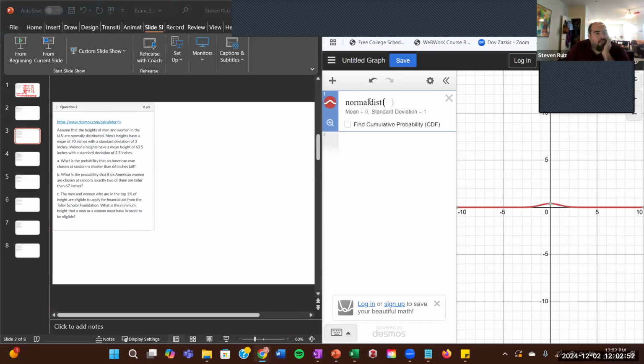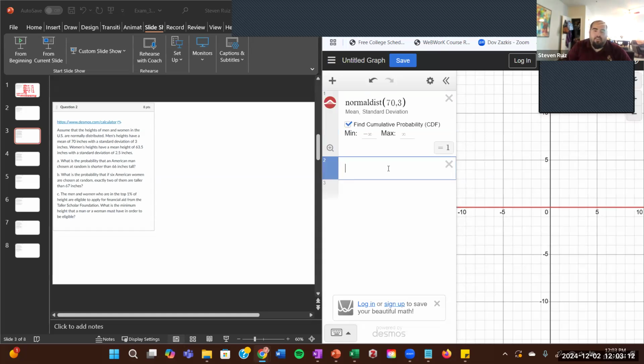So we can assume that the heights of men and women in the US are normally distributed. So I'm going to set up two normal distributions here. So men's heights have a mean of 70 inches and a standard deviation of 3 inches. So I'll set up one normal distribution there and another for women, normal distribution. And that is 63.5 inches for the mean and 2.5 inches for the standard deviation.